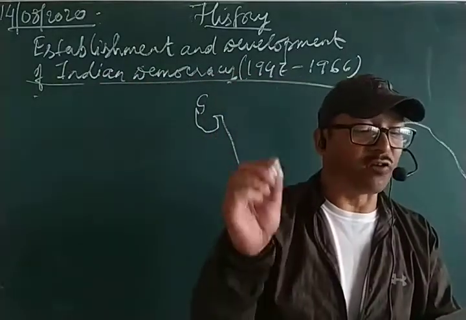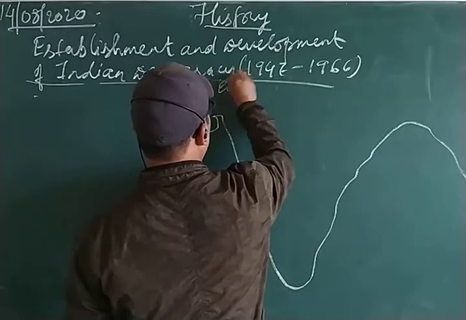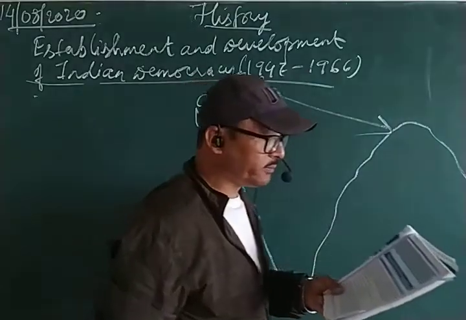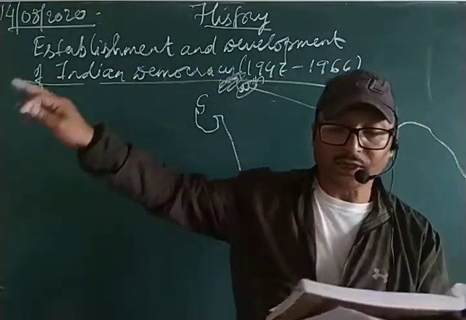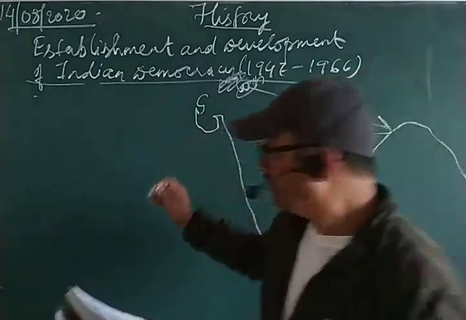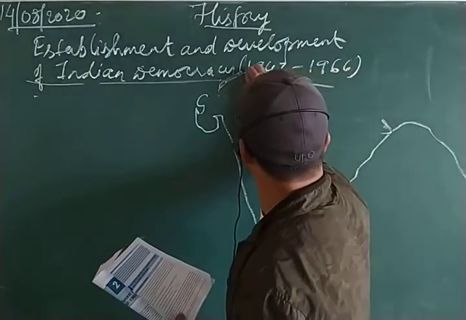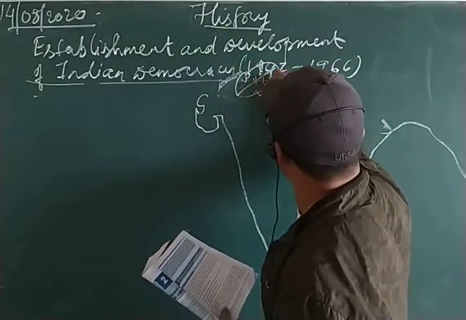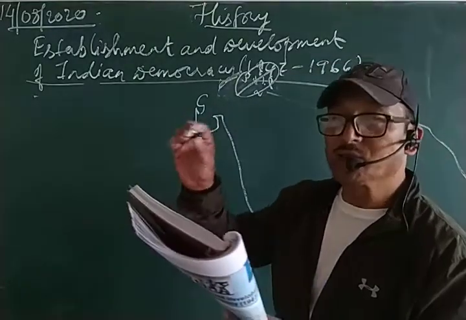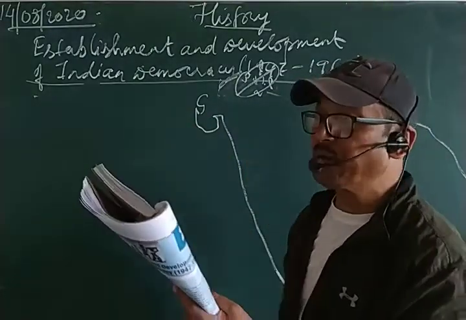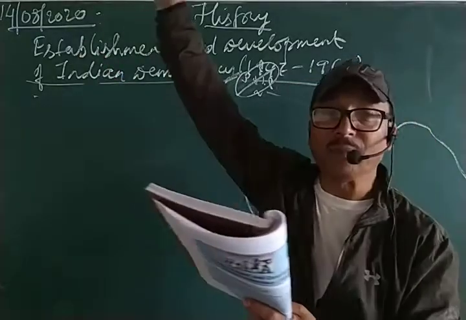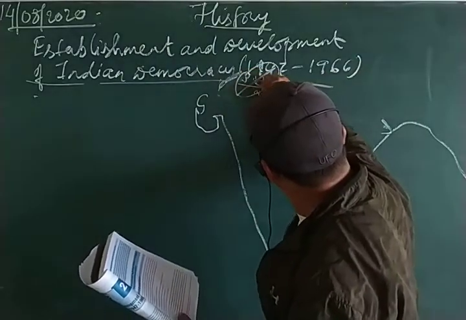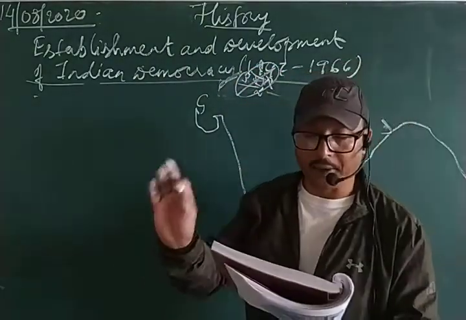Punjab was divided into two, West Punjab and East Punjab. Most of the refugees were coming from West Punjab, now in Pakistan, to East Punjab, that is in India. They started migrating from here to here, this way. Is that clear? Got it?